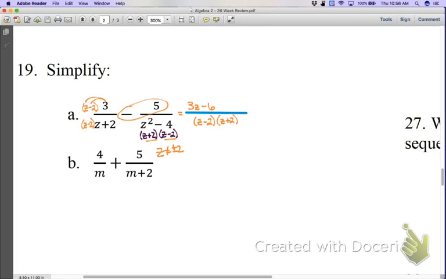And then minus 5. So if I simplify it, I'm going to have 3z minus 11 over z minus 2 and z plus 2. Don't forget the restrictions that z cannot be equal to plus or minus 2.